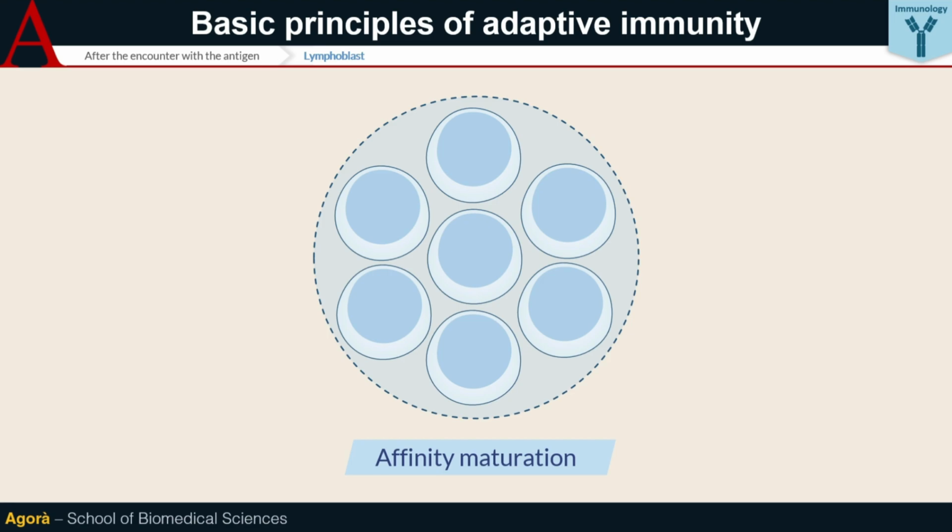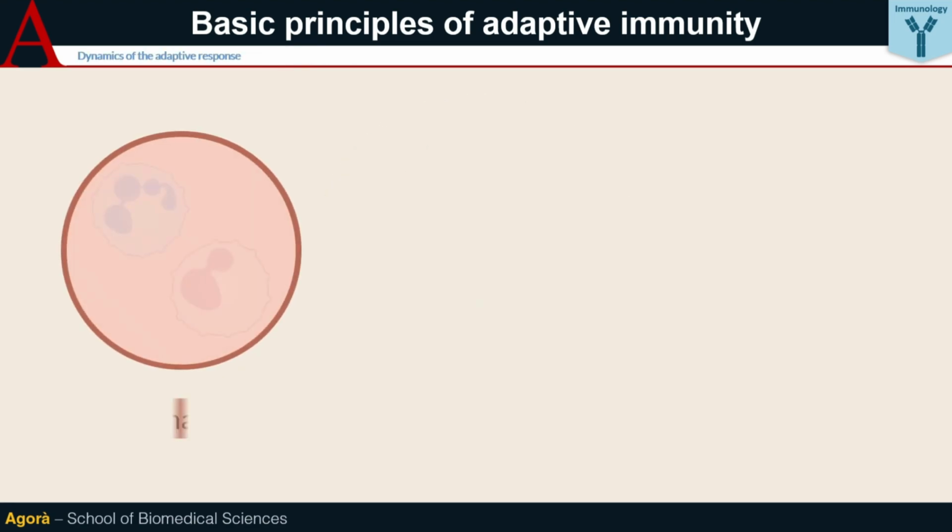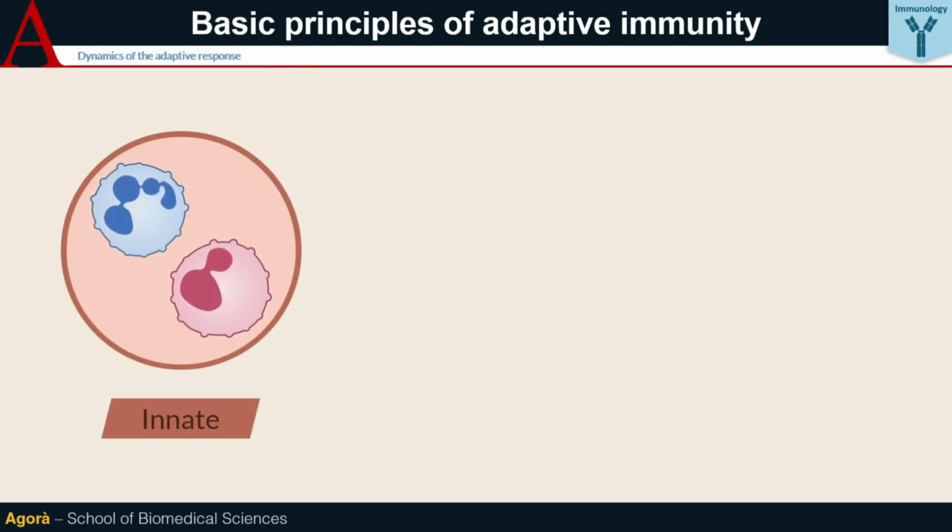It is precisely by virtue of the more impressive response set in motion upon second contact with the antigen that many vaccinations require 2 or more doses to refine and enhance the quality and strength of the immune response that is put in place.